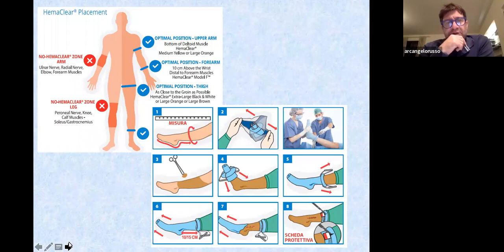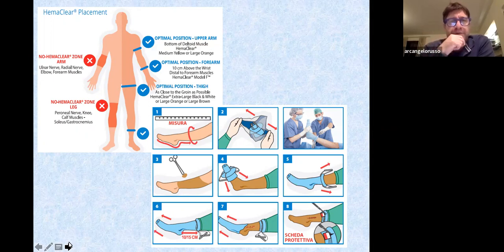It's important to put the ring in the right position, not, as we said before, close to the ulnar nerve on the elbow or the sciatic popliteal, the peroneal nerve on the knee.